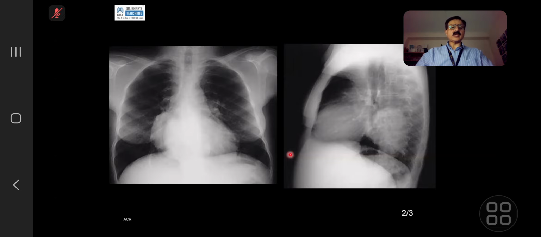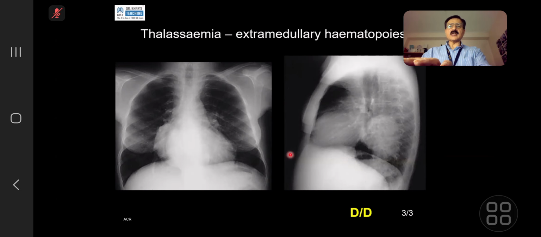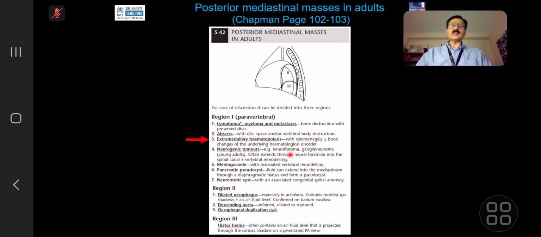In the lateral chest X-ray, the learning point is that if you open your Chapman and revise the position of mediastinal masses, on a lateral chest X-ray we are quite good at discriminating. We have groups, area 1, 2, 3, and according to that, the differential diagnosis changes.